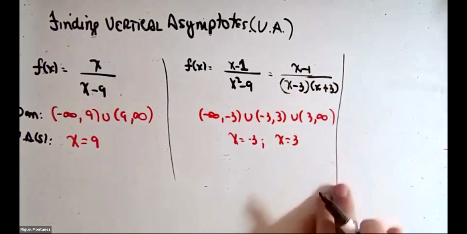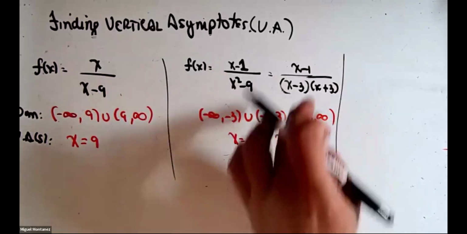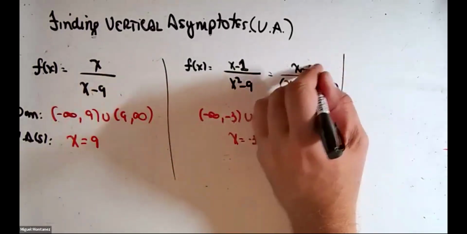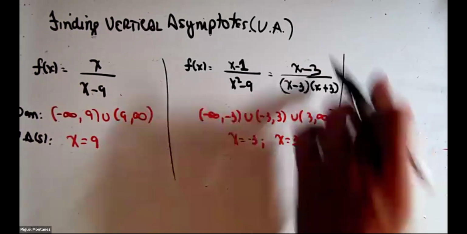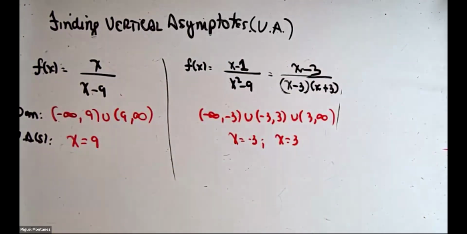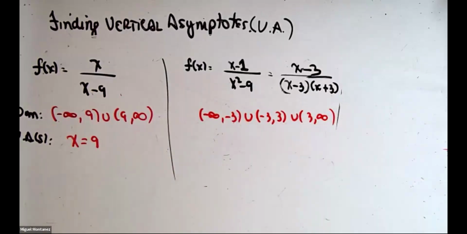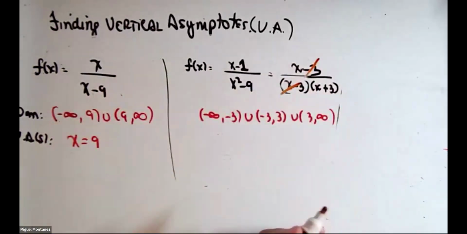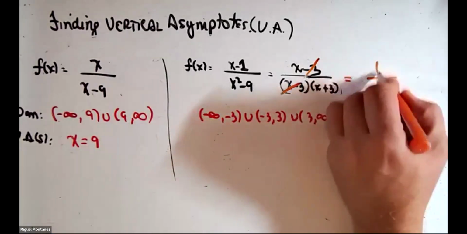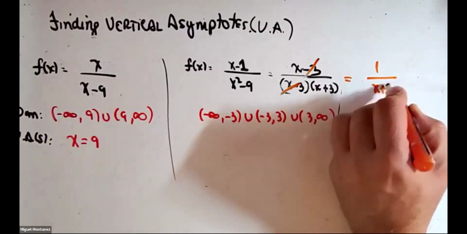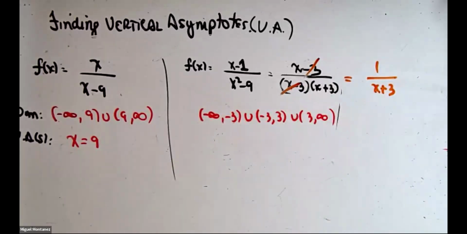Let's see how to do this. Notice that the function is not in its simplest form. I can simplify x minus 3 over x minus 3. So in its simplest form, the function will be 1 over x plus 3.